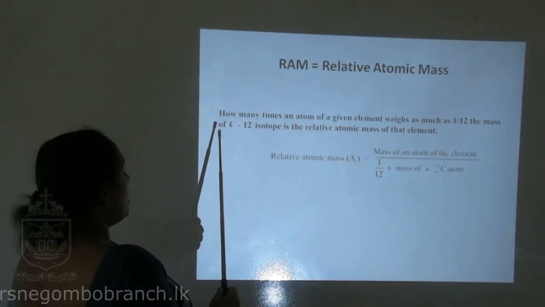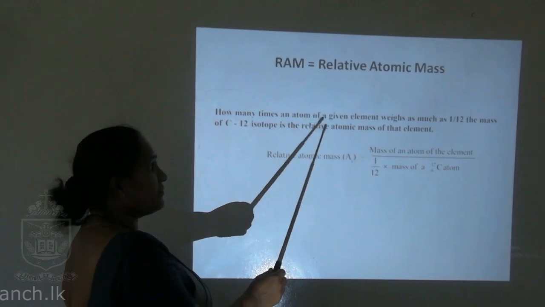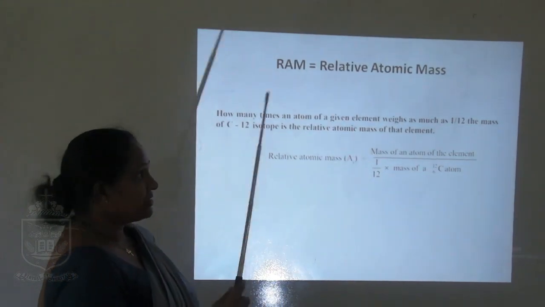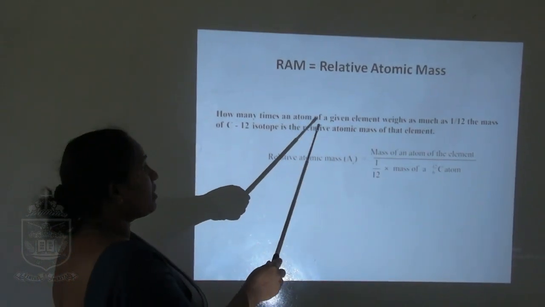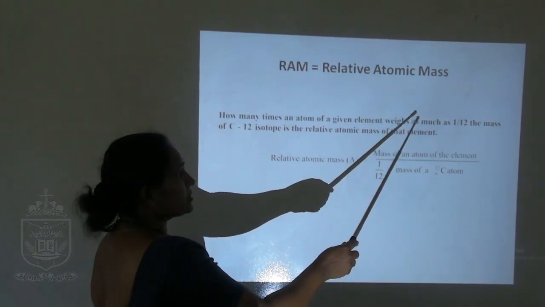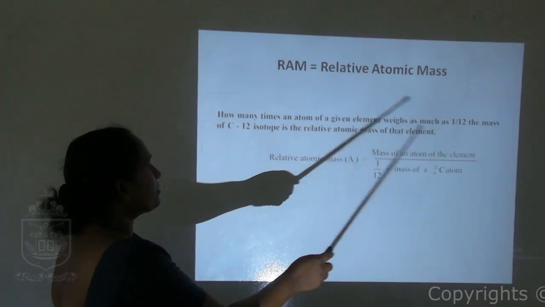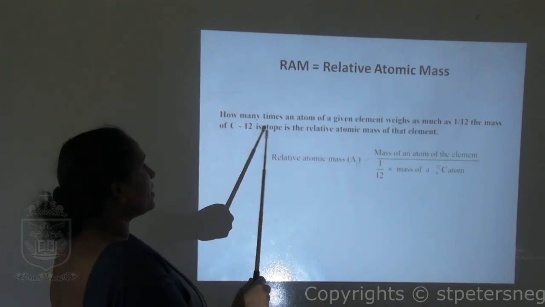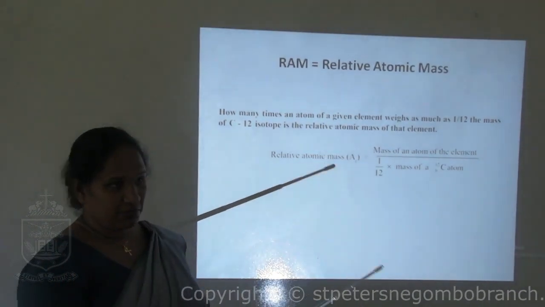Again, how many times an atom of a given element weighs as much as 1/12 the mass of carbon-12 isotope is the relative atomic mass.